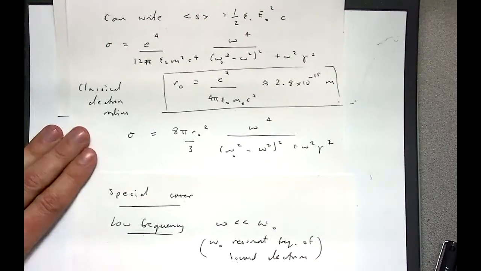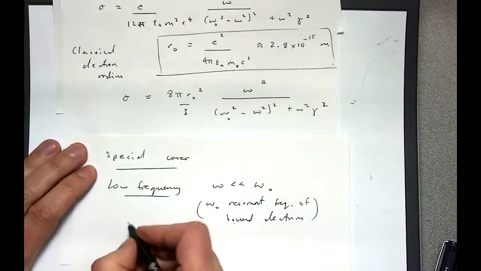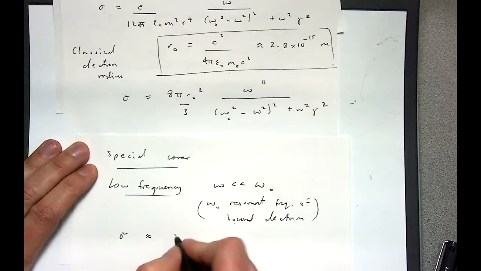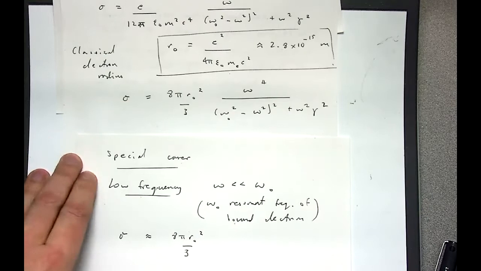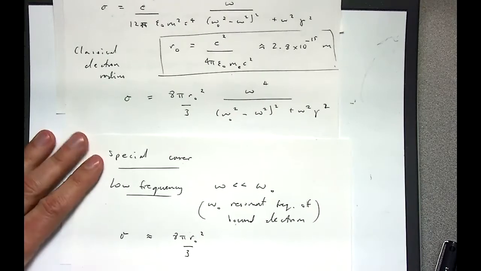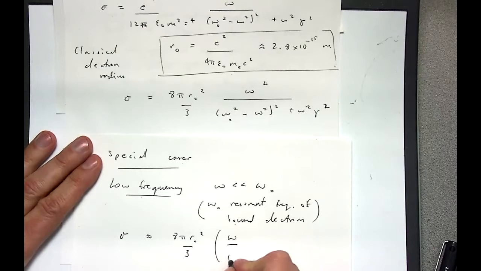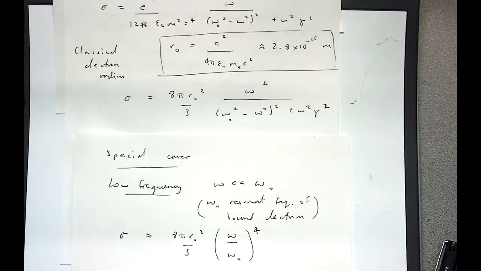Right. So if we write down what sigma is in that case, we can make the approximation. It's got that same scaling value at the start, 8 pi r naught squared over 3, which you'll become quite familiar with shortly. And it just reduces to omega, the incident frequency, divided by the resonant frequency, whatever that is. Oh, to the fourth power, not to the square power, to the fourth power.